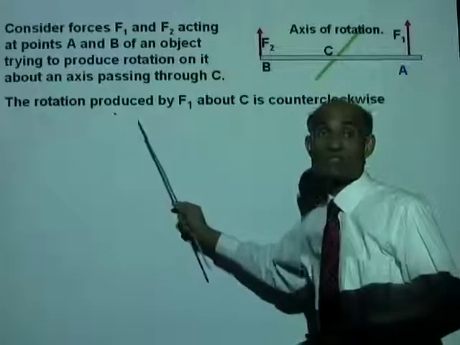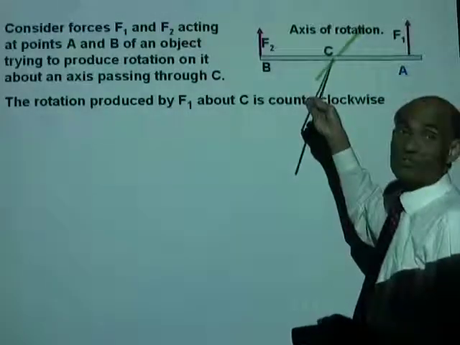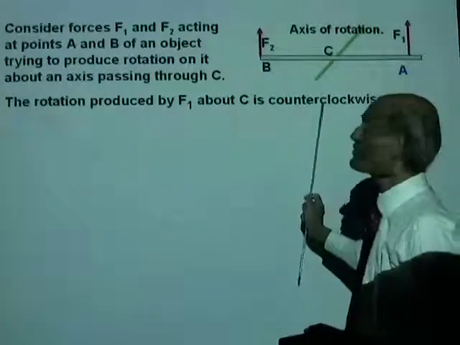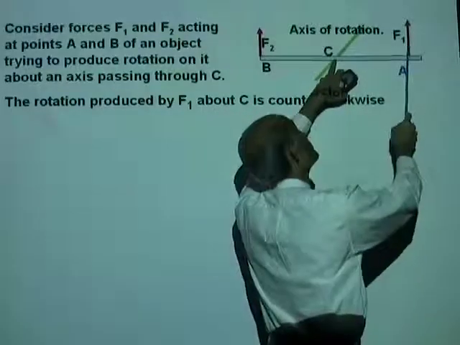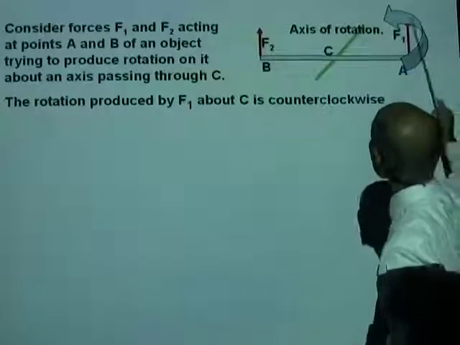The rotation produced by F1 about the axis passing through C is counterclockwise. Is that right? The force F1 produces a counterclockwise rotation like this.